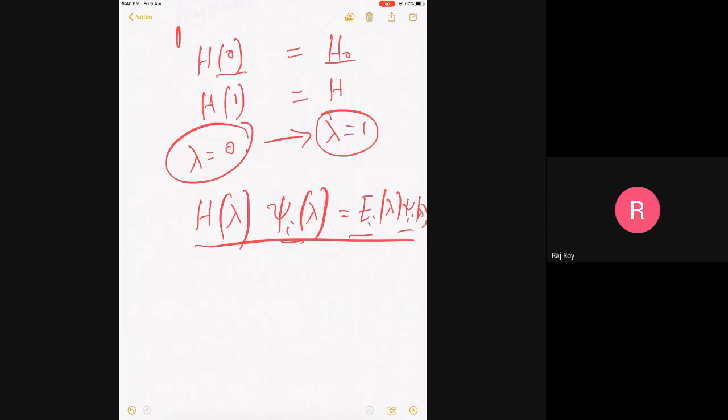I should once again remind you the limiting values. So for this solution, again it's a new symbol that I have used. Psi i of 0 is nothing but psi i superscript 0. I hope it's clear. Please see the symbol properly. If you look at this equation now, the value of psi i at lambda equal to 0 is nothing but psi i superscript 0.